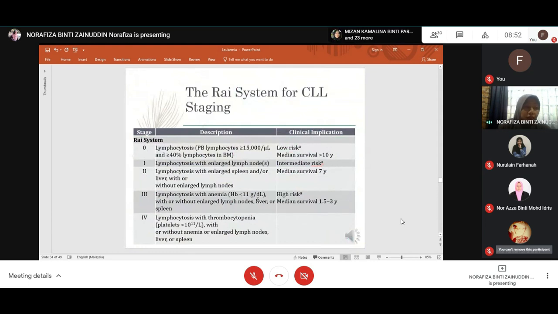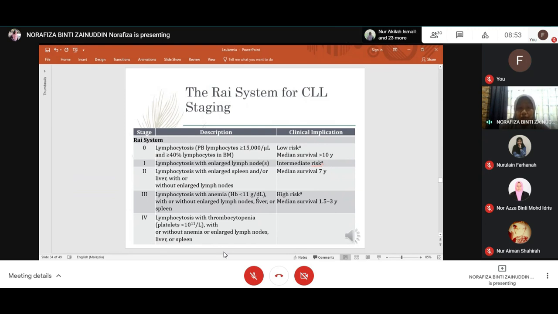This is the staging for CLL. There are 2 kinds of staging: the Rai system and also the Binet system. For countries that use the Rai system for CLL staging, these are the stages: stage 0, 1, 2, 3 to 4. Patients with Rai stage 0 have lower risk of CLL and longer median survival, usually more than 10 years, whereas as the stages increase, the median survival decreases.